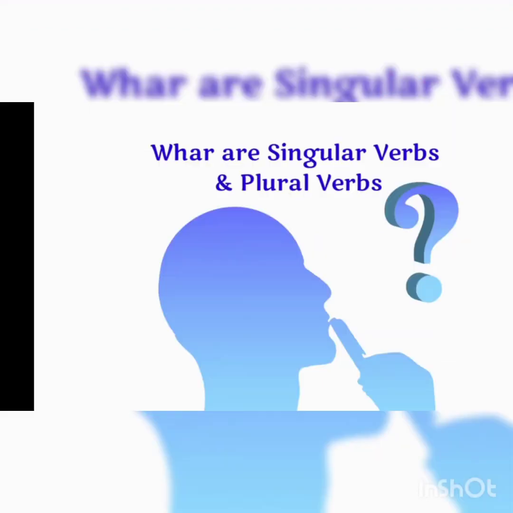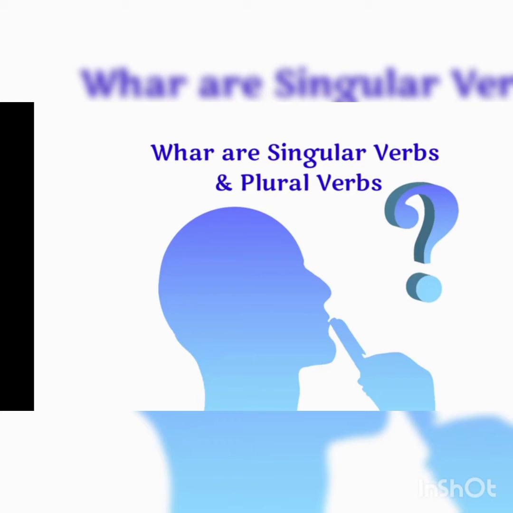We have heard about nouns, singular nouns and plural nouns like book, books, table, tables, fan, fans. But what is the concept of the singular verb and plural verb? What is it? Okay, so children, singular verb and plural verb, it's quite simple and it's unlike nouns.